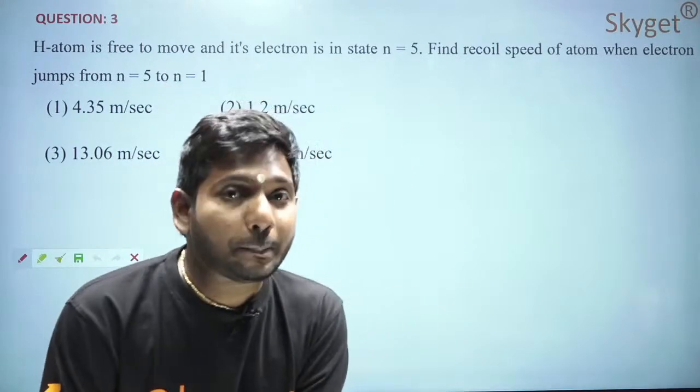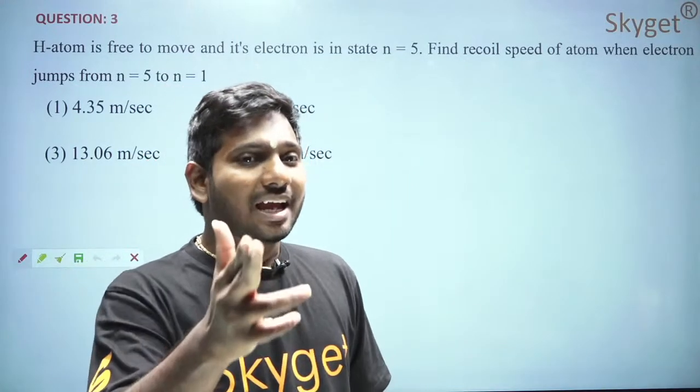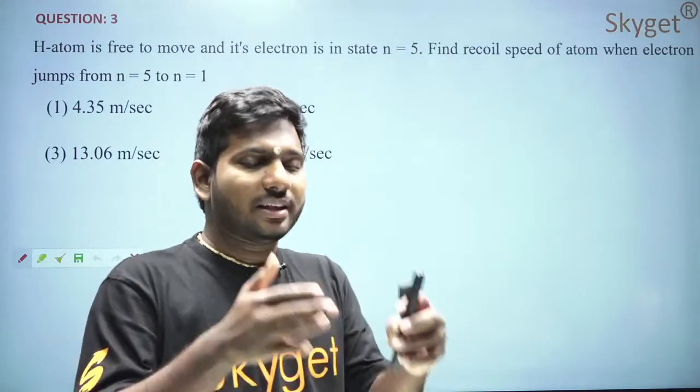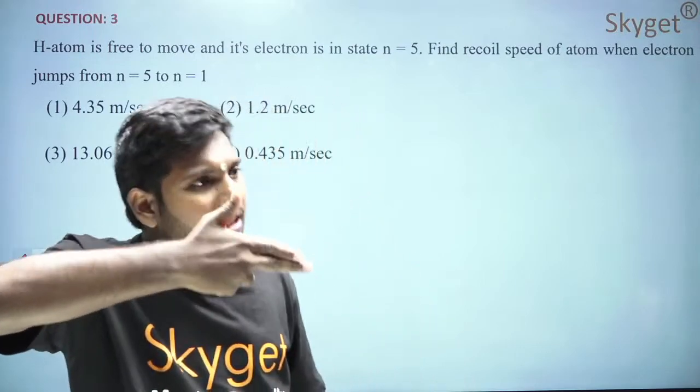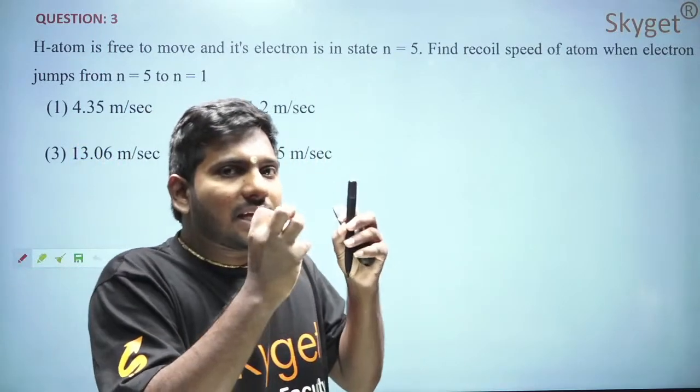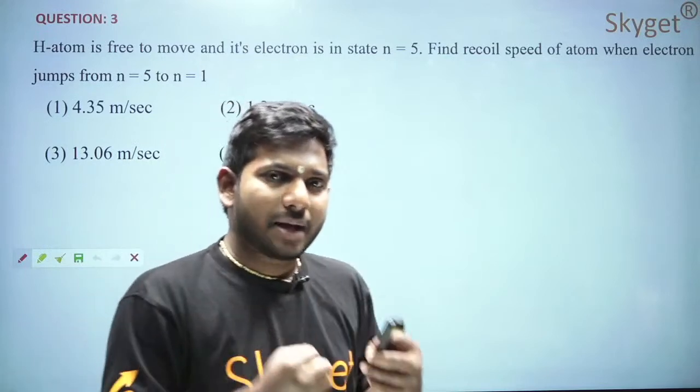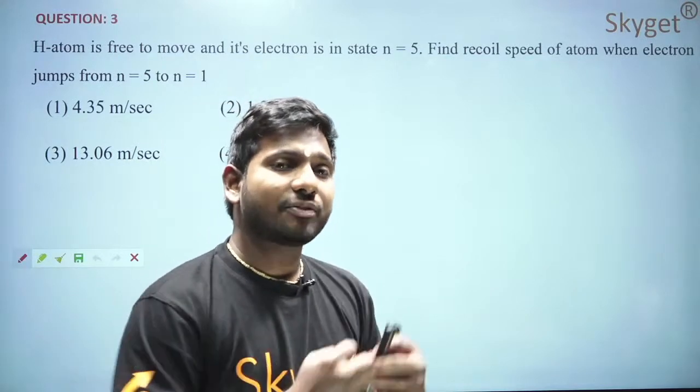So this you can compare to a gun and bullet question. When there is no external force on the system, when the gun fires the bullet, the bullet leaves the gun with some energy and the bullet has some momentum.